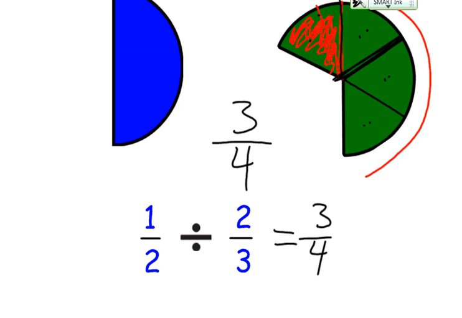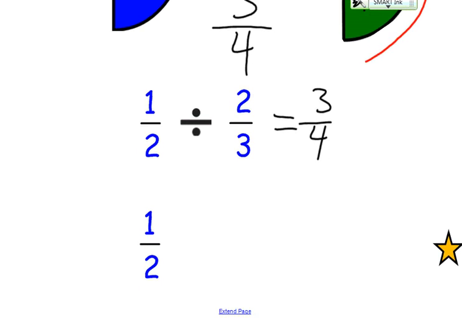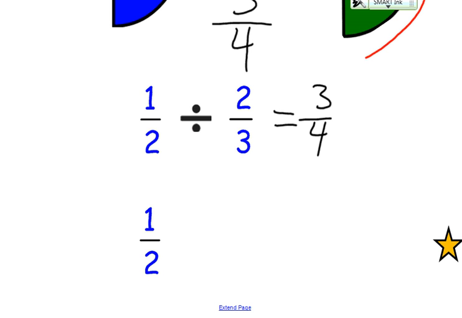Now, if we could draw pictures every time and really understand how to draw fractions real well, that might be enough. But there must be something much easier and more simple to really understand where these numbers come from. And that's what we want to look at: how do we actually divide? When it comes to dividing fractions, how do we get this 3/4?